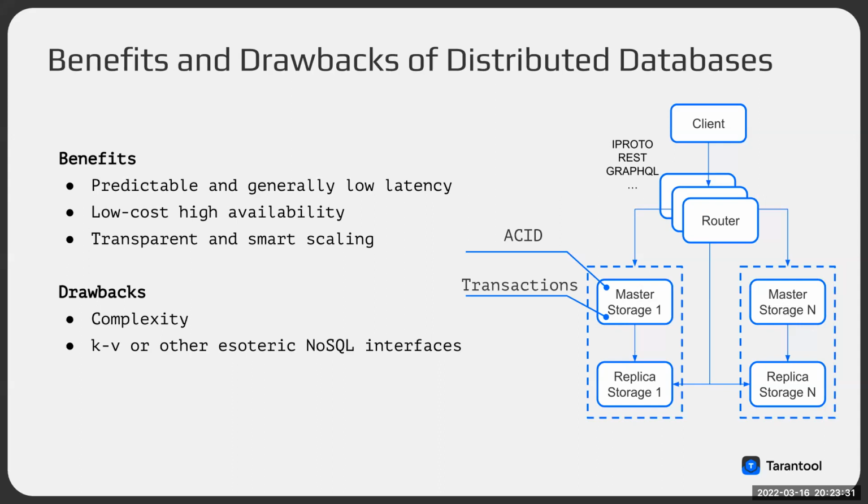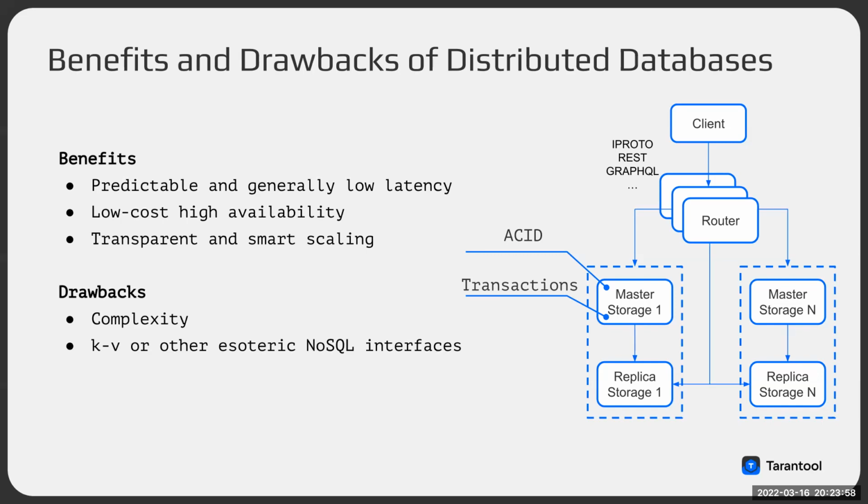The benefits, as you probably could have guessed by now: Tarantool, as a member of the in-memory family of solutions, solves the distributed problems in a similar manner. So we typically have a set of storage nodes divided into replica sets, right?